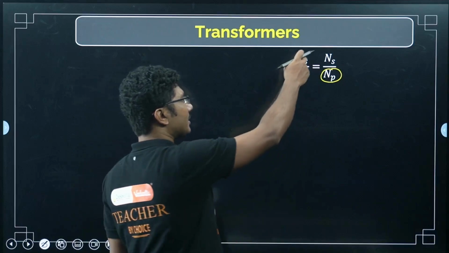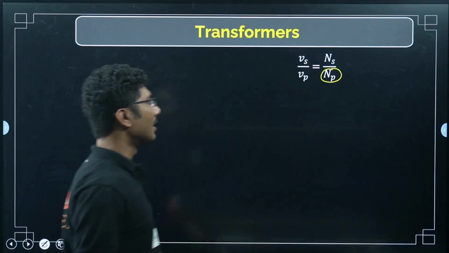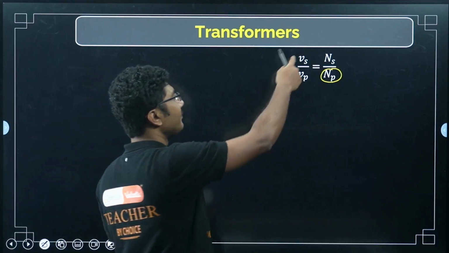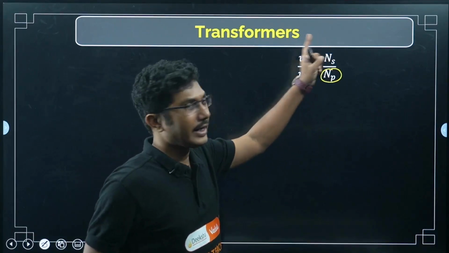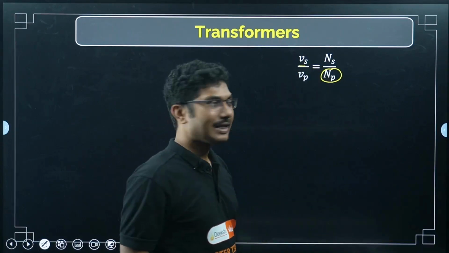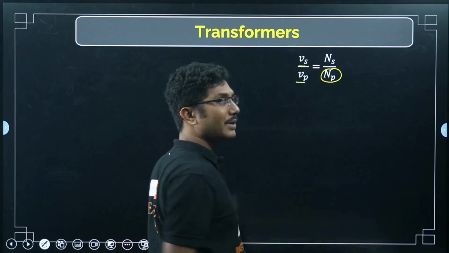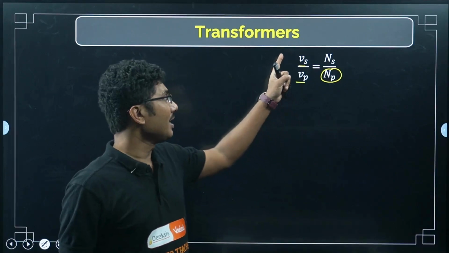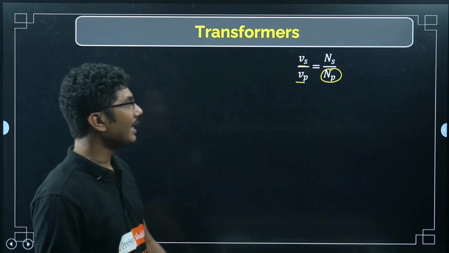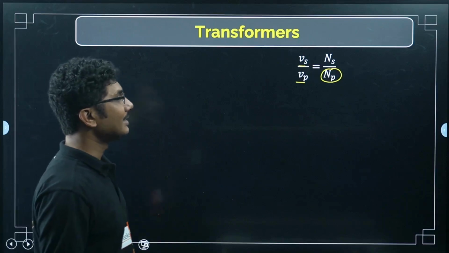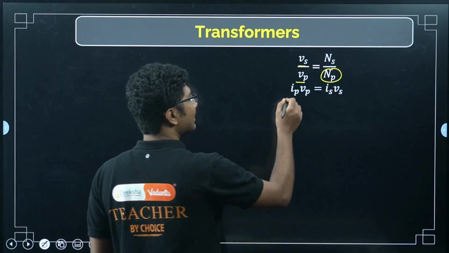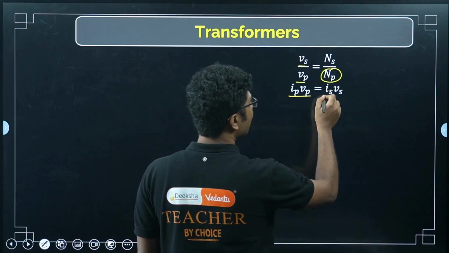The voltage in the secondary, Vs, is calculated using the formula Vs by Vp equals Ns by Np. Vs stands for V secondary, Vp stands for V primary. So we apply Vp, we collect Vs, and they are related by Ns by Np, where Ns is the number of turns in secondary. In terms of current, you can see that IpVp is equal to IsVs.